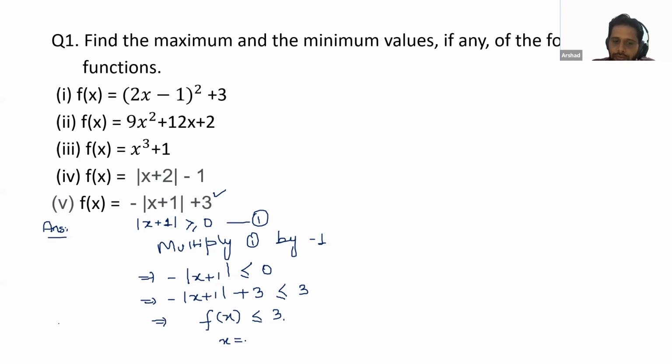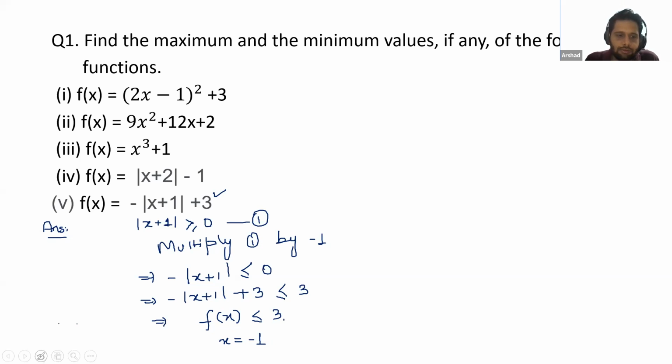At x is equal to minus 1. Very good. When this becomes 0, we get 3, and that happens at minus 1. I hope this is clear to everyone.